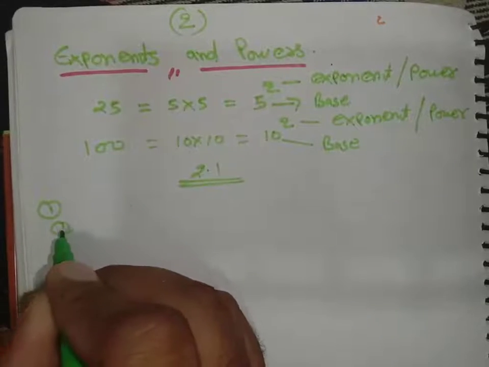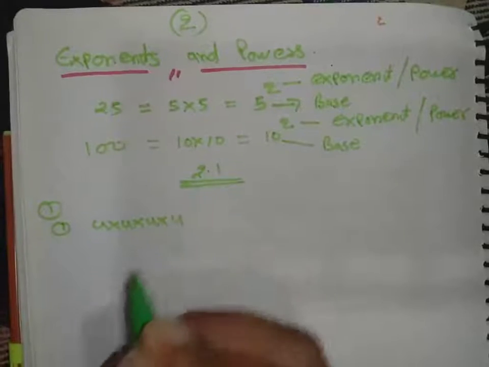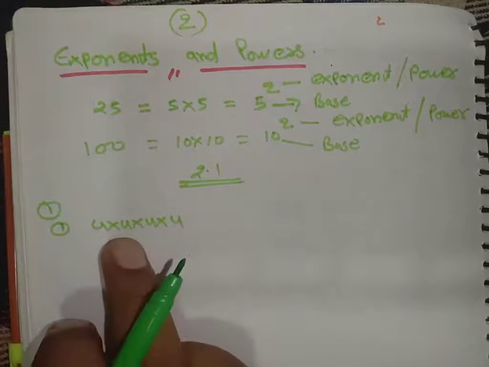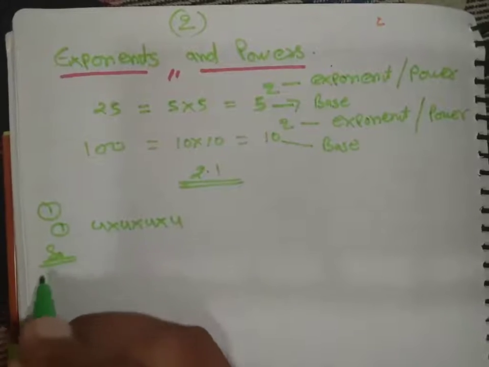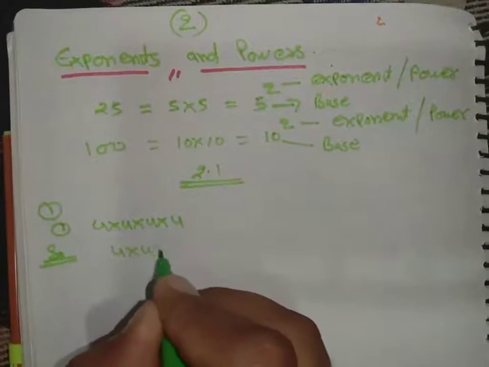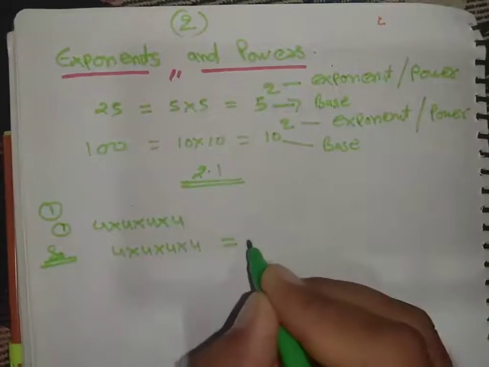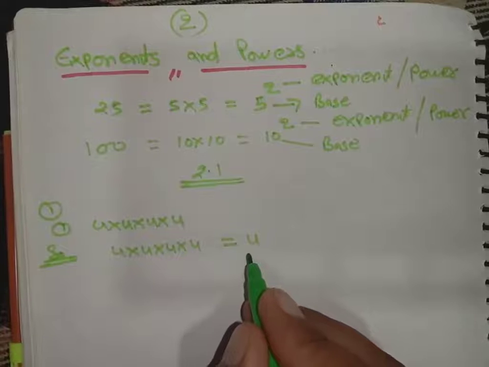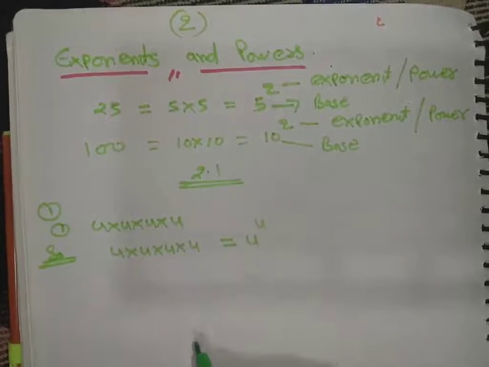First, 4 into 4 into 4 into 4. So we can write 4 into 4 into 4 into 4. Here the base is 4, and how many times? 1 2 3 4, 4 times.